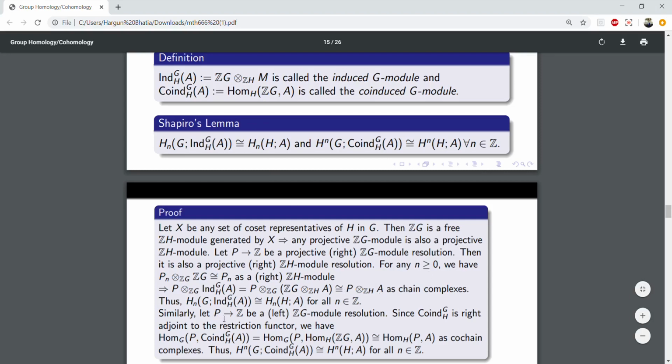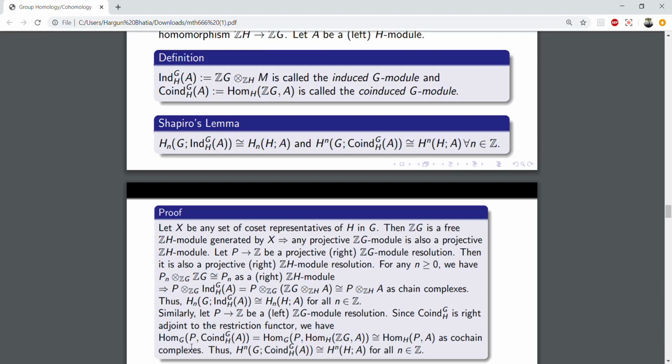Similarly, I can work the opposite way, like I can talk about a left ZG module resolution of Z, and here also I have some kind of relation between the Hom sets. So how do we compute the cohomology of G with coefficients in the co-induced module? I will look at Hom over G of P comma co-induced A, right? This is nothing but Hom over G of P comma Hom over ZH of ZG comma A by definition. But now you realize that the co-induced functor is a right adjoint to the restriction functor.